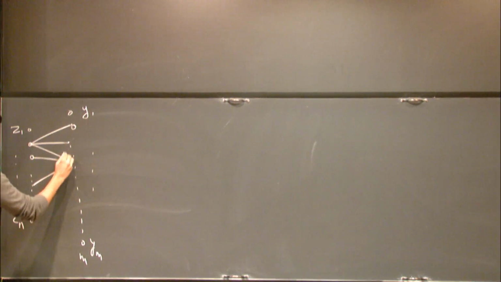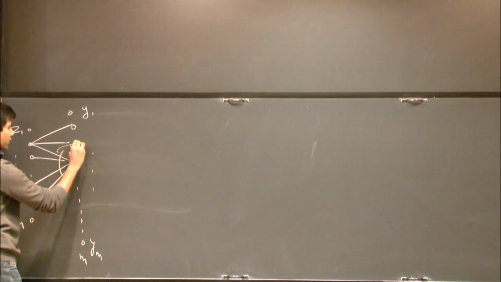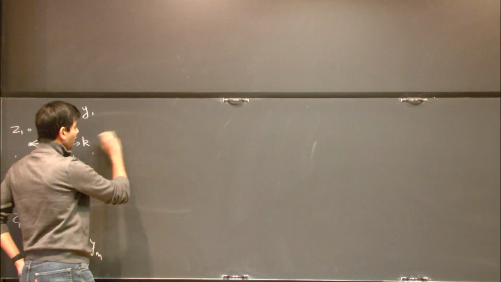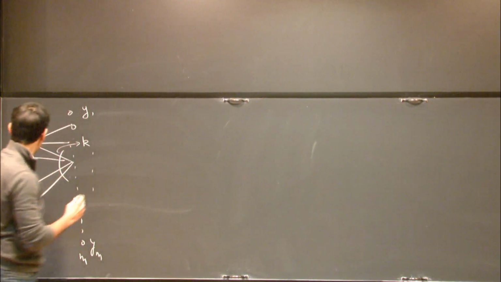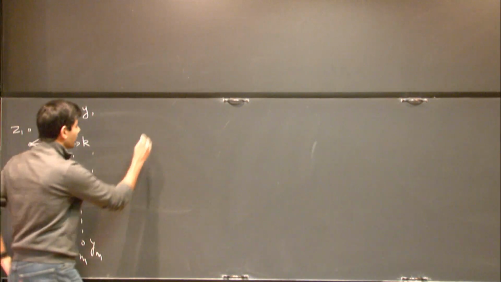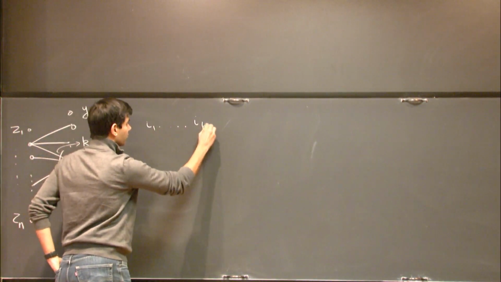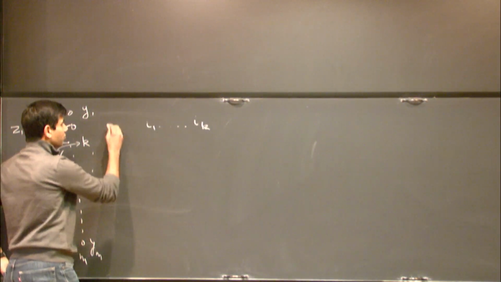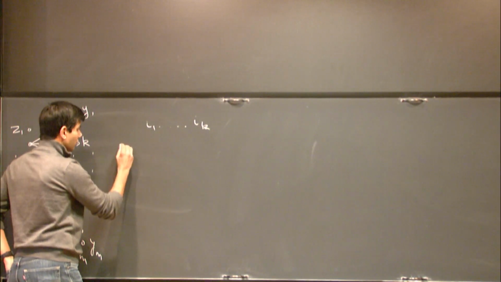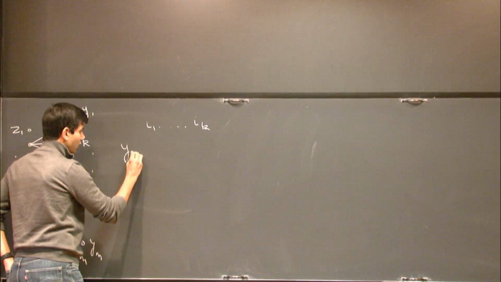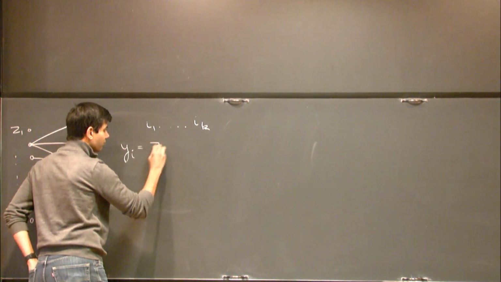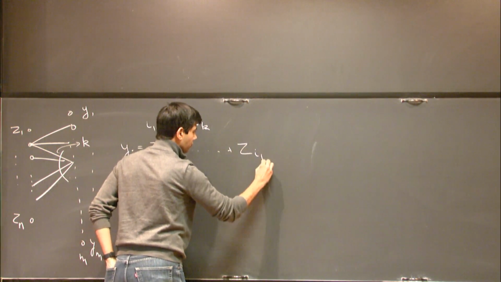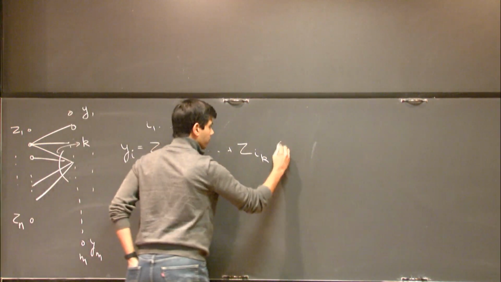Let's say the right degree of this graph is k, which means that each y is connected to some tuple of neighbors, let's say I1 to ik, and so I will define yi to be the parity. This is all mod 2.